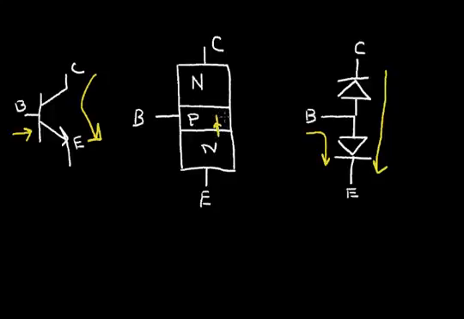And the electrons tend to flow across to the collector region, because the width of this base region, I'll call it W, is made very thin.